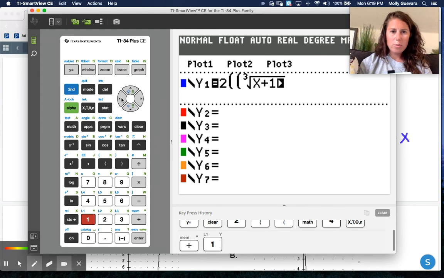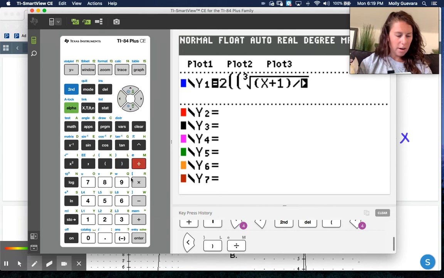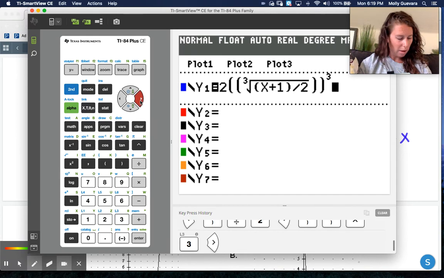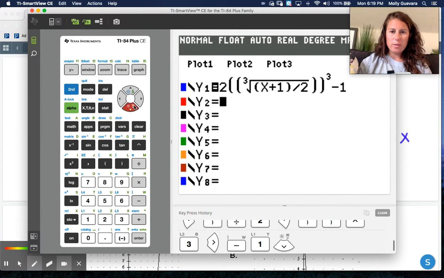Now, I'm actually going to do another parenthesis here, because it's the cube root of x plus 1 on top, and then divided by 2, right? So the whole thing is being cube rooted. Close, close, and then I'm going to raise it to the third power, just making sure I don't have a typo here, minus 1. So there's the first one.